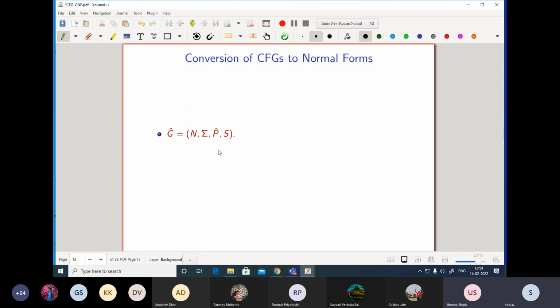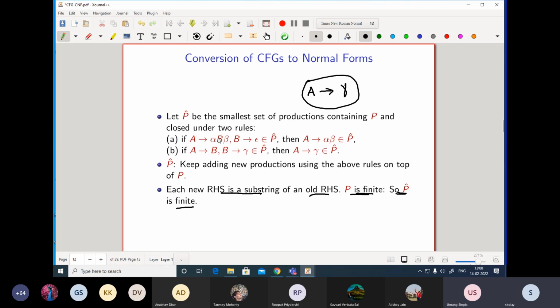Okay, so now I will consider G hat to be the grammar where everything else is the same, the non-terminals are the same, the start symbol is the same, but the production set is now P hat, the closed form built from P, which is closed under these two rules.